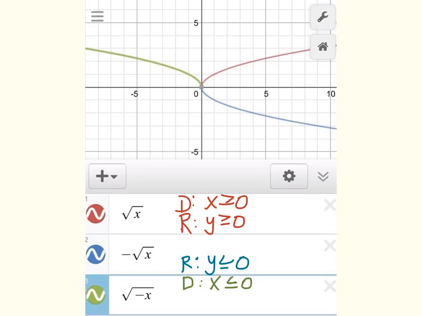When we put the negative sign out in front, that changes the y values to negative. So my x values are still positive, but my y values become negative. And if the negative is inside or underneath the radical sign, it's the x's that become negative, and the y's stay positive.